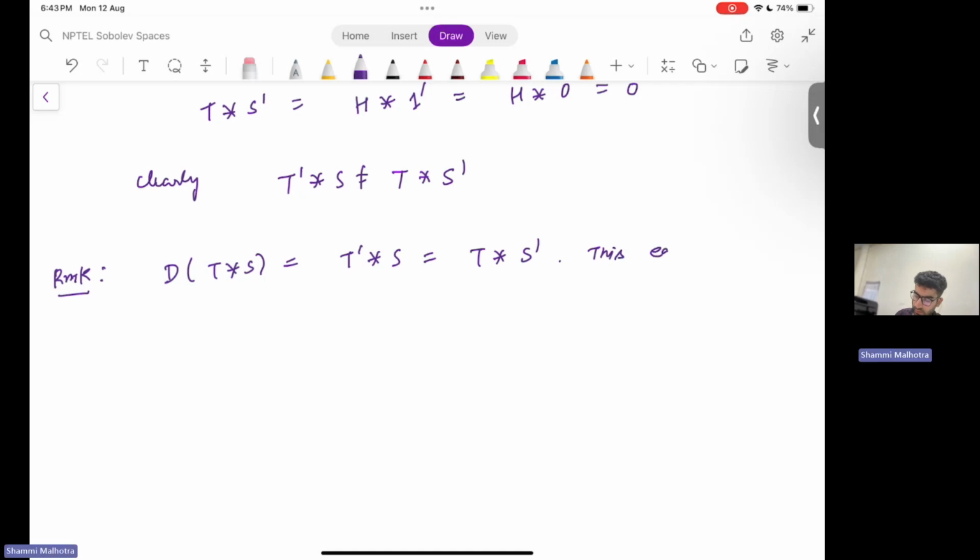This equality may not hold if we consider the derivative in the pointwise sense.